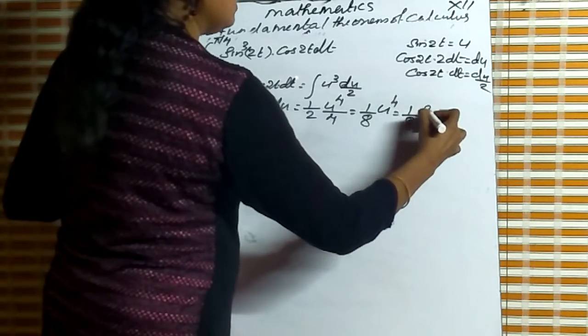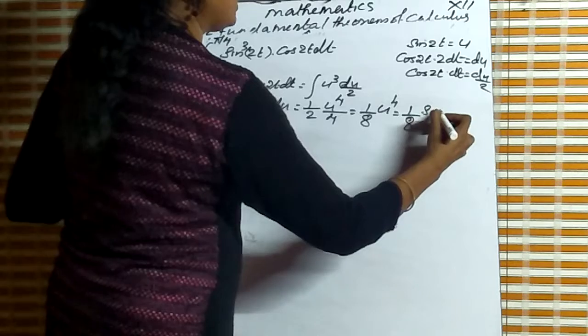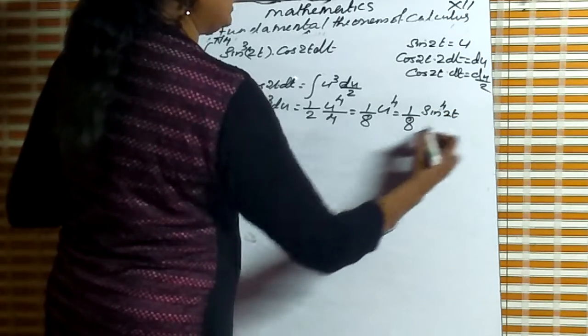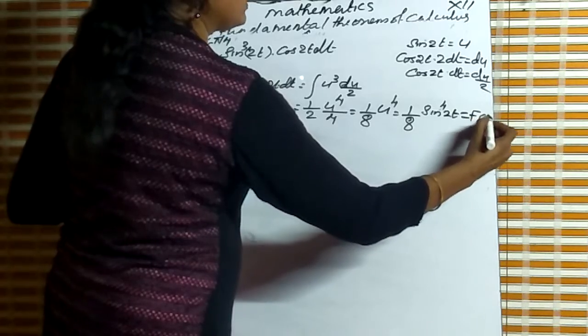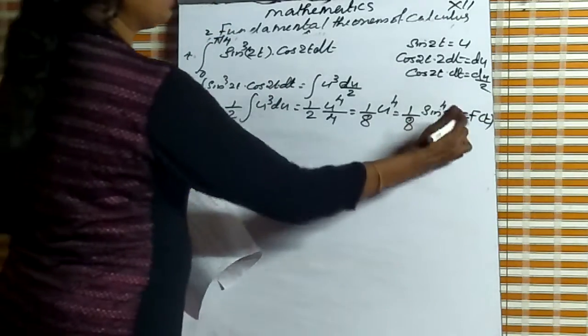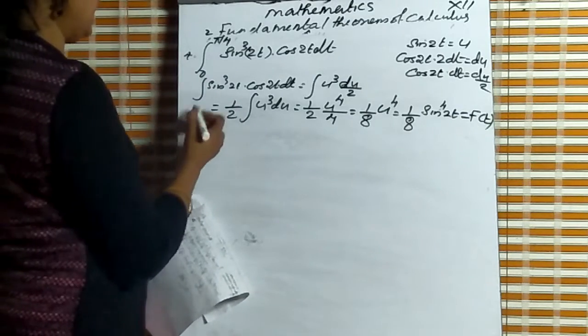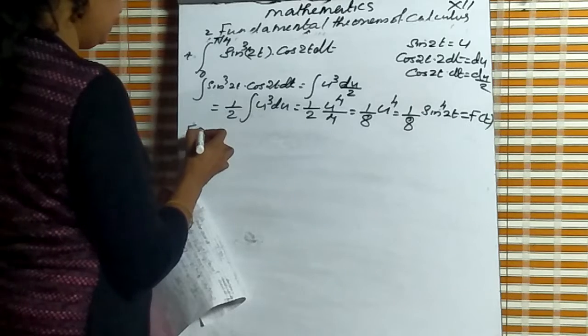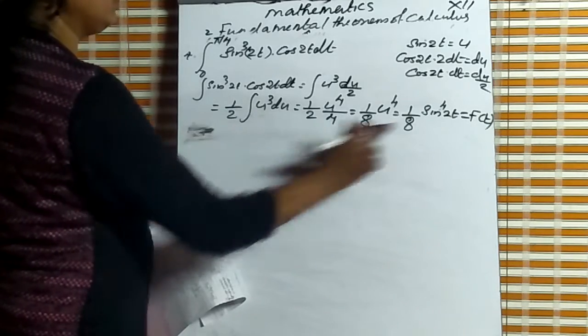U is sin 2t, so u raised to 4 means sin raised to 4 of 2t. This is equal to a function in t: 1 by 8 sin raised to 4 2t. Now this is f of t.